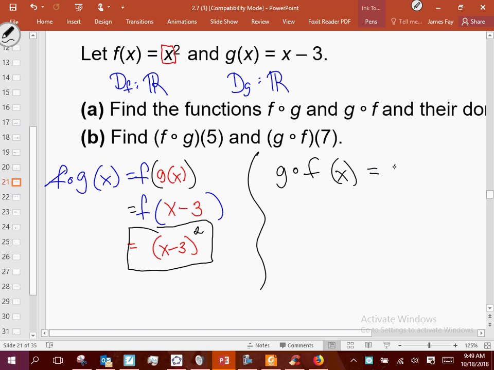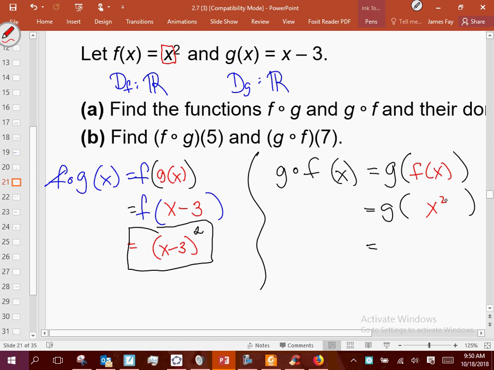Well, I write that now. It's G on the outside. The inside function is going to be F of X, right? Does that make sense? Okay. So now I'm going to replace F of X with X squared. Does that make sense? Stop me if I'm going too fast.